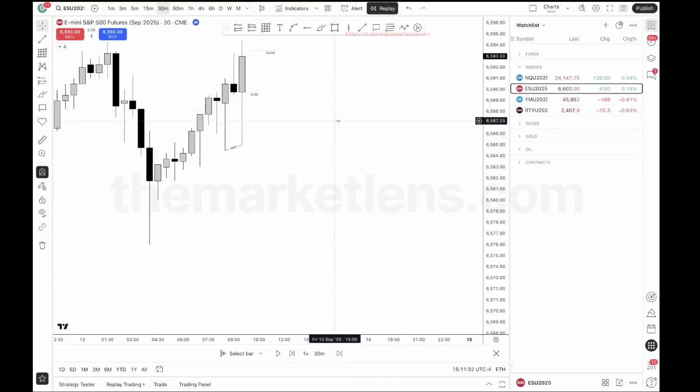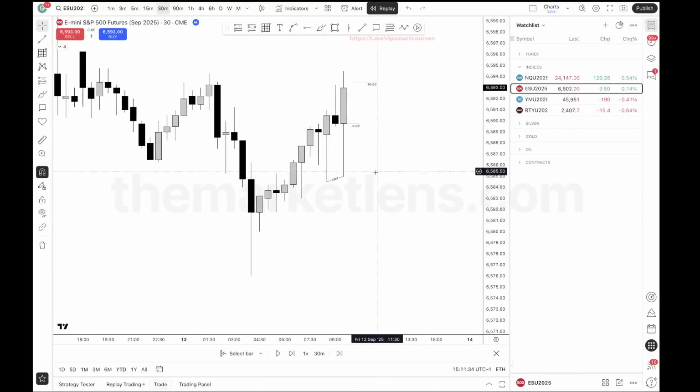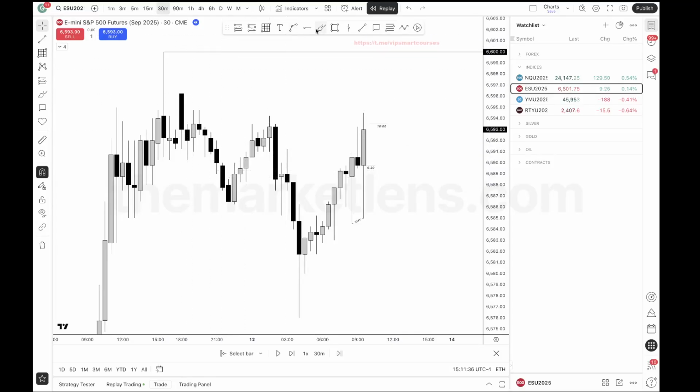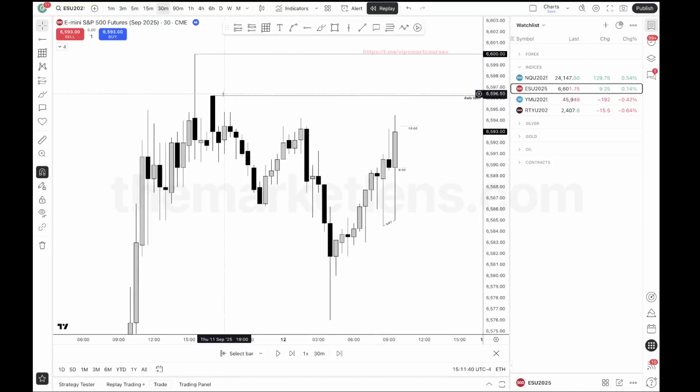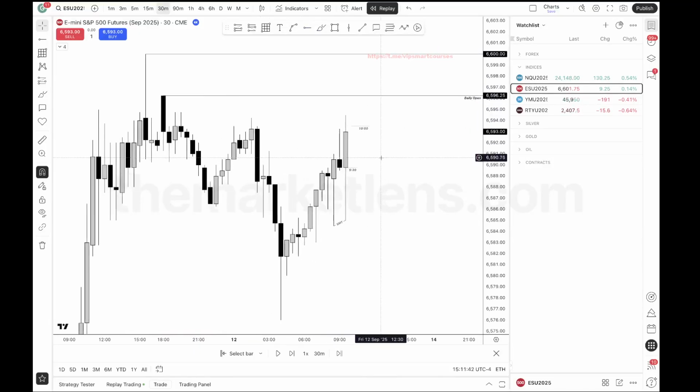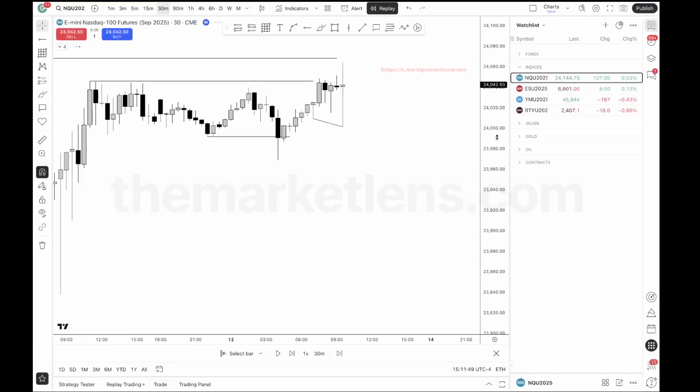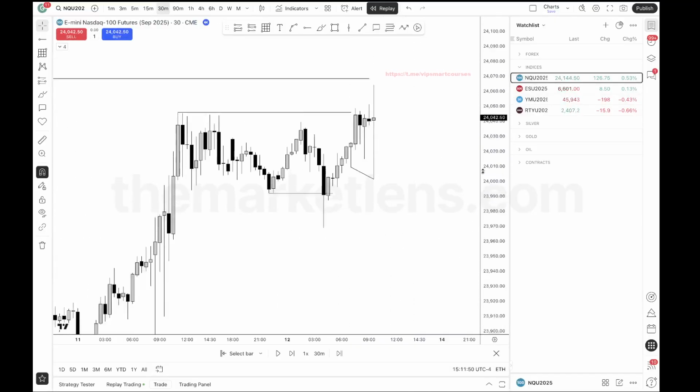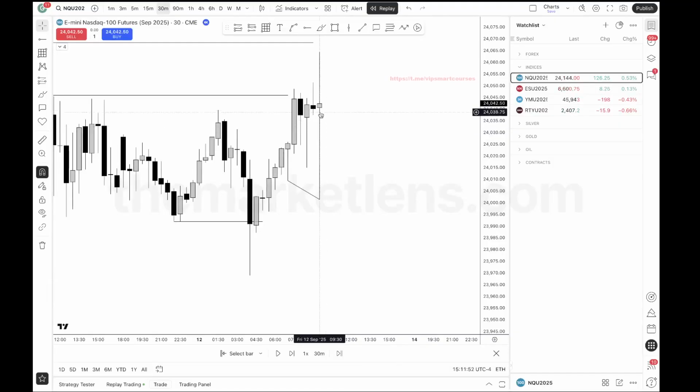So you'll see this SMT here. At this point, ES had no wick on the daily candle as well. See how this has no wick? So I'm very one-sided bullish for this asset to get to pre-US high, ES, and then NQ to get to all-time highs, right? You're going to see they both print a 30-minute candle close.